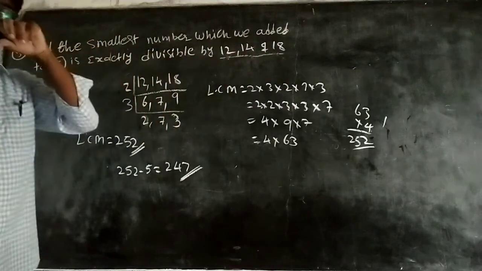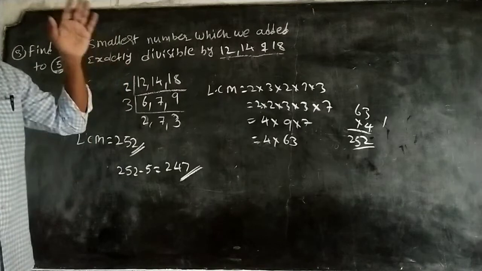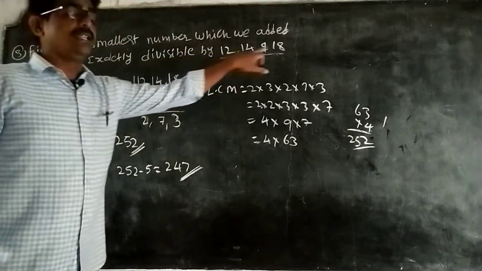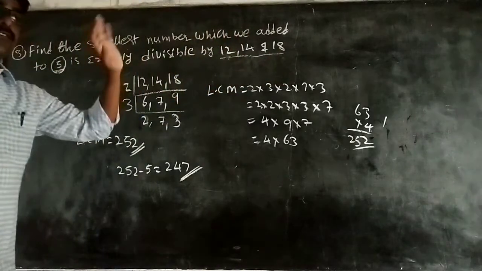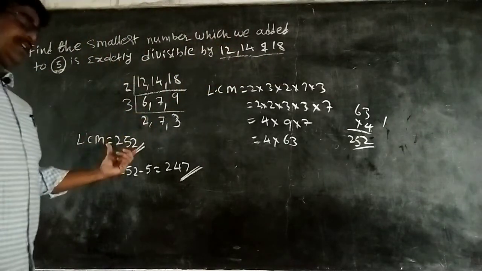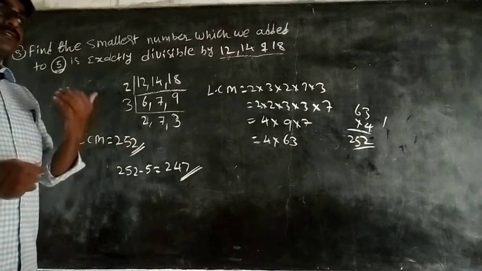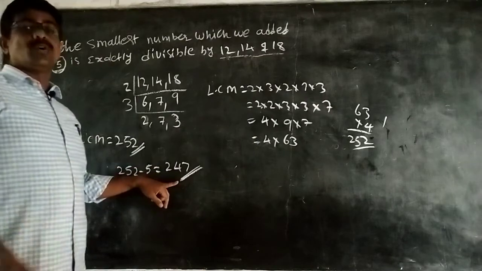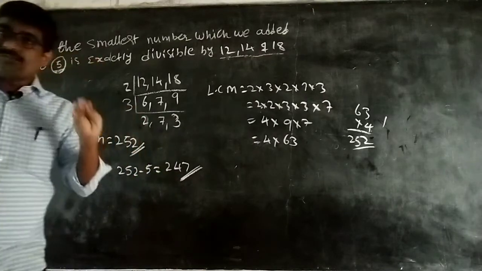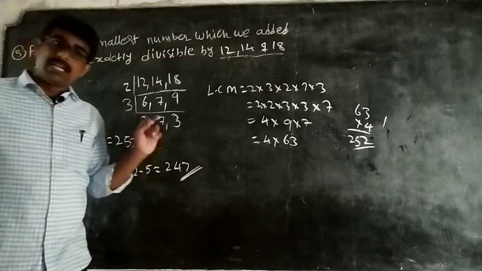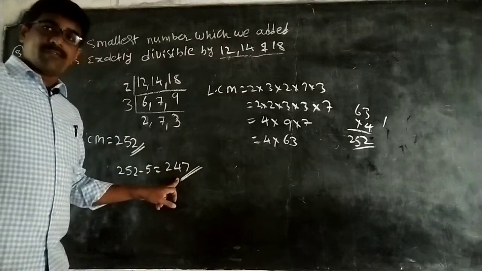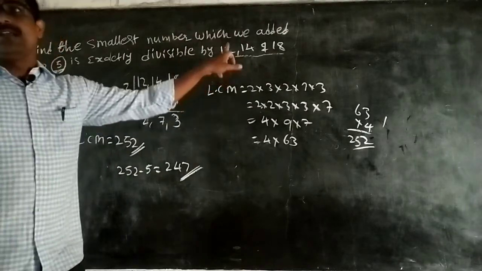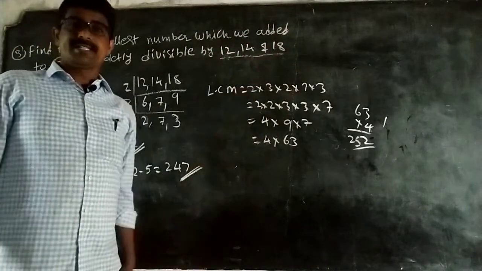We don't know the number, but if we add 5 to it, it is divisible by these three numbers. That's why first I am finding the LCM. Understand?